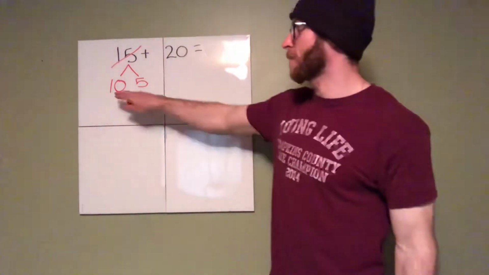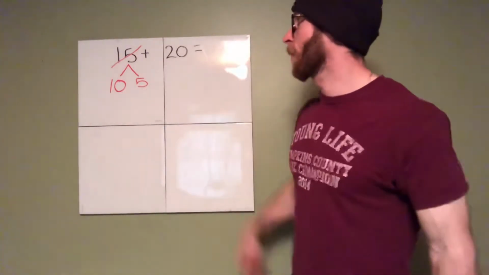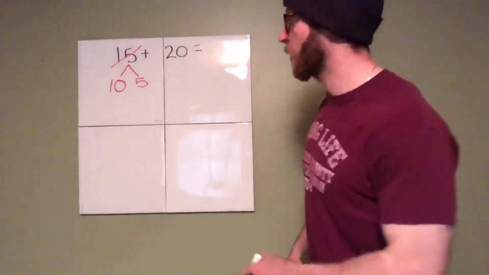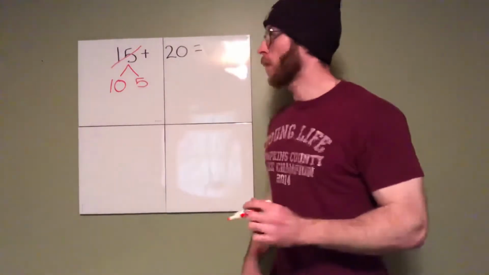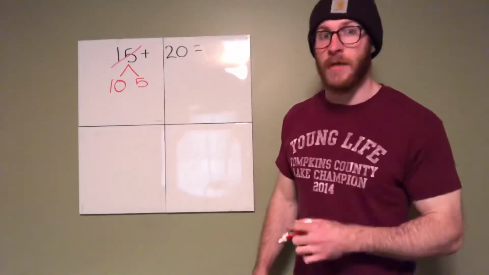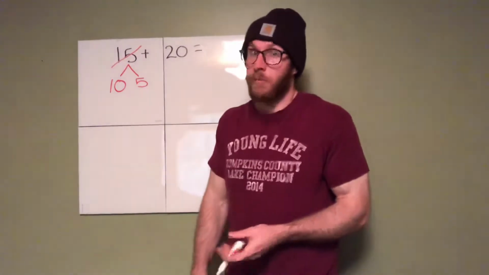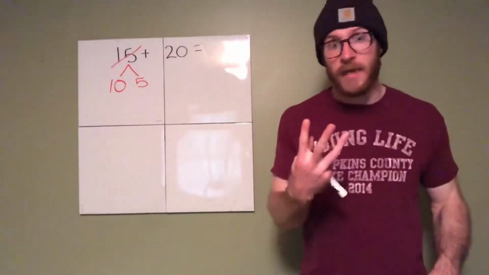So technically, since this is part plus part, this number sentence could read 10 plus 5 plus 20. But I want to add my tens together. We always start by adding our tens. So I have one 10 here and two tens here. What is 1 ten plus 2 tens? What is 1 cookie plus 2 cookies? Well, that's 3 cookies. So 1 ten plus 2 tens equals 3 tens.